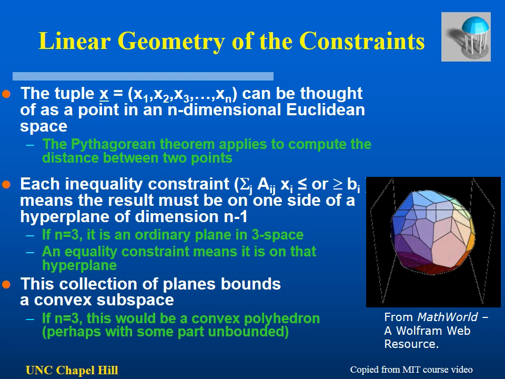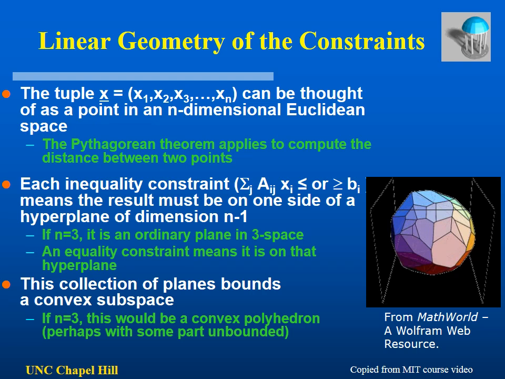We will be concerned about distances between points, one particular tuple x1, x2, x3, and a different point, let's call it y1, y2, y3, in the same space, and we will assume that the Pythagorean theorem applies to compute the distance.